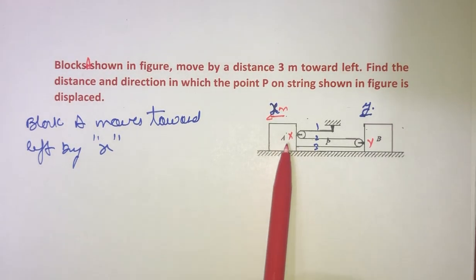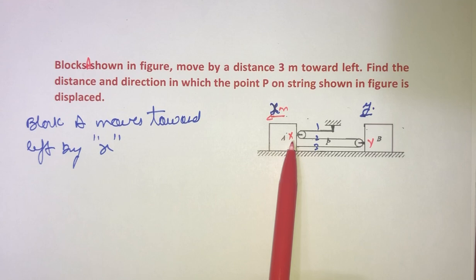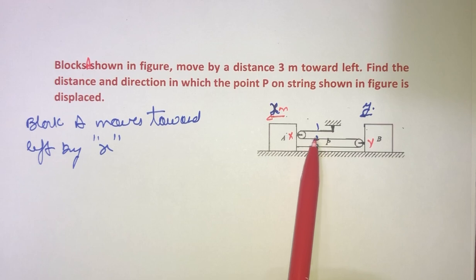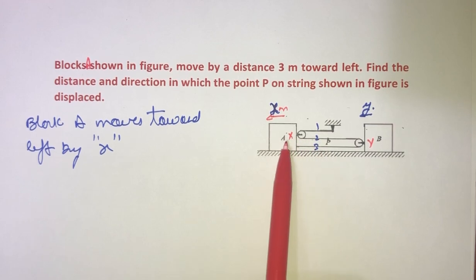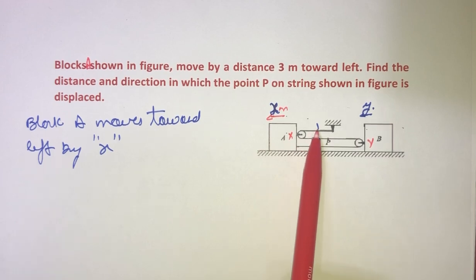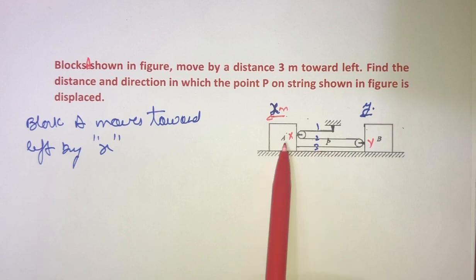Now block A is connected with pulley x, and pulley x is in turn connected with strings 1 and 2, but along with this block A is also connected with string 3. So there are three strings which are associated with block A.